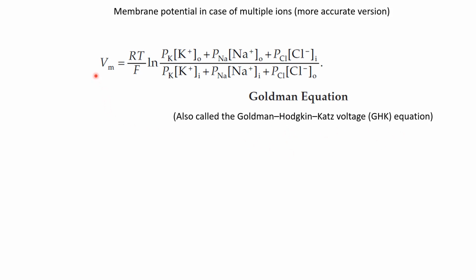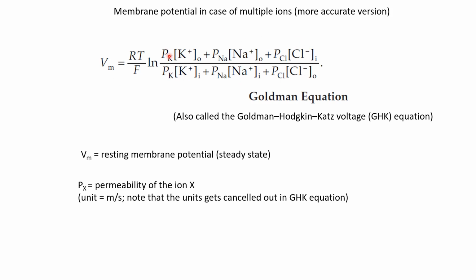And this equation says that the resting membrane potential is equal to RT over F natural log, and then this term where PK is the permeability of potassium ion and K+ outside is the outside concentration of potassium, K+ inside is the inside concentration of potassium, PNa is the permeability of sodium, and so on. So this is the value of membrane potential that will be finally achieved in the presence of all these ions.